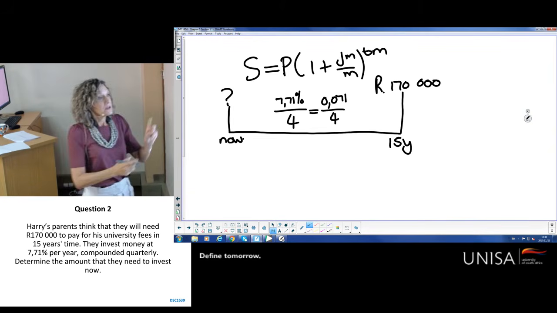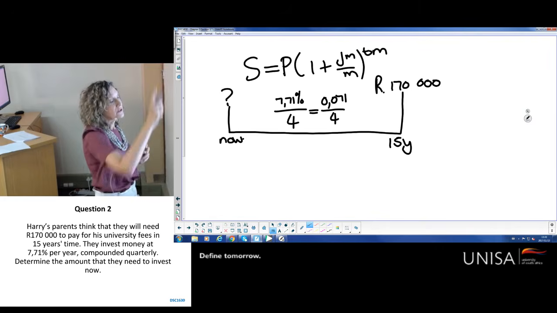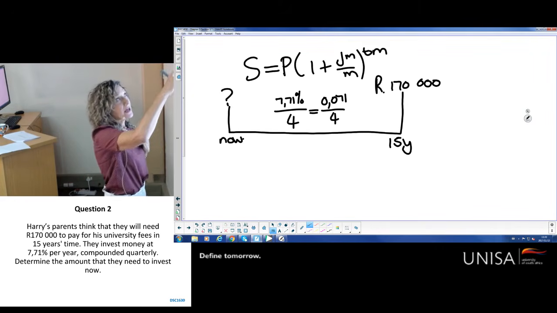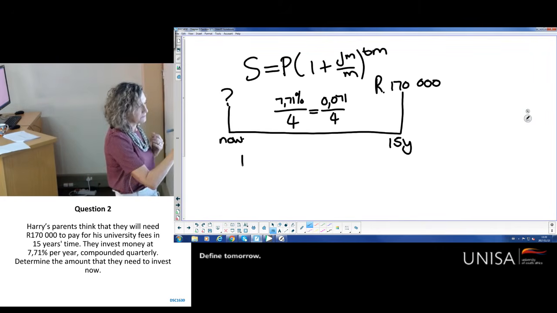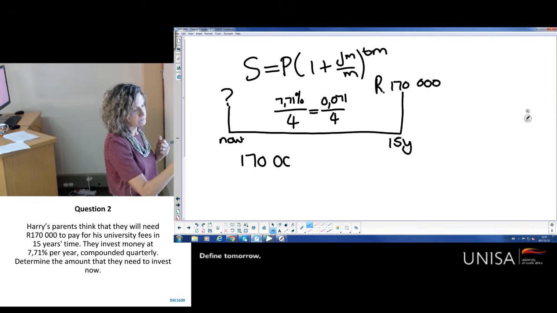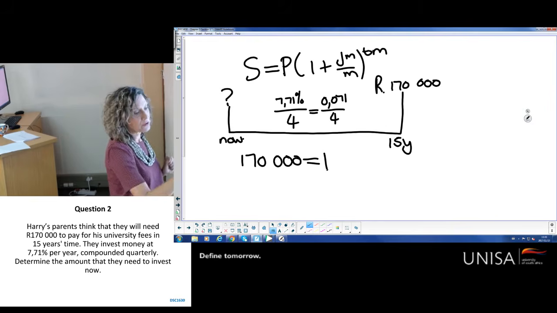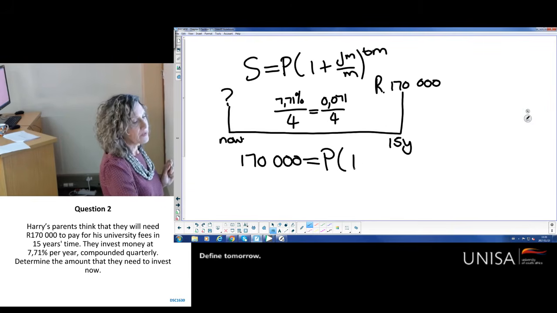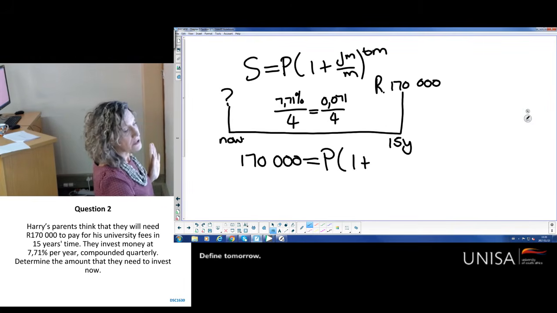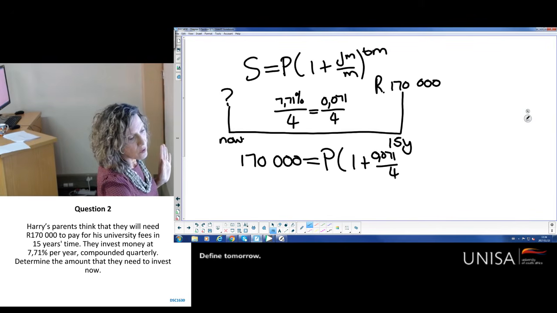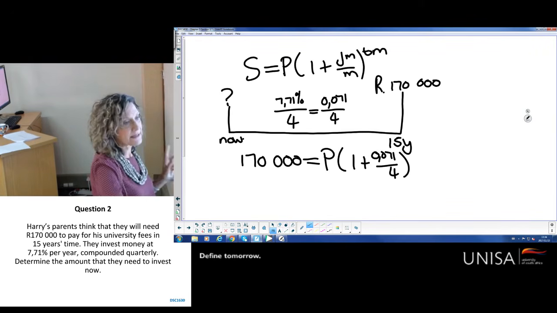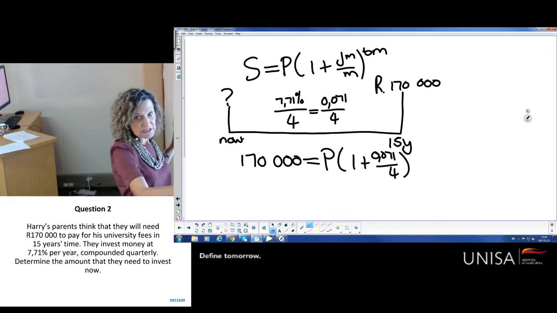Right. So if we go back and we need to substitute it in, S is 170 equals, what is your P value? We don't know. 1 plus our interest rate is 0.071 divided by 4. And our power, T is years. Is the 15 years?